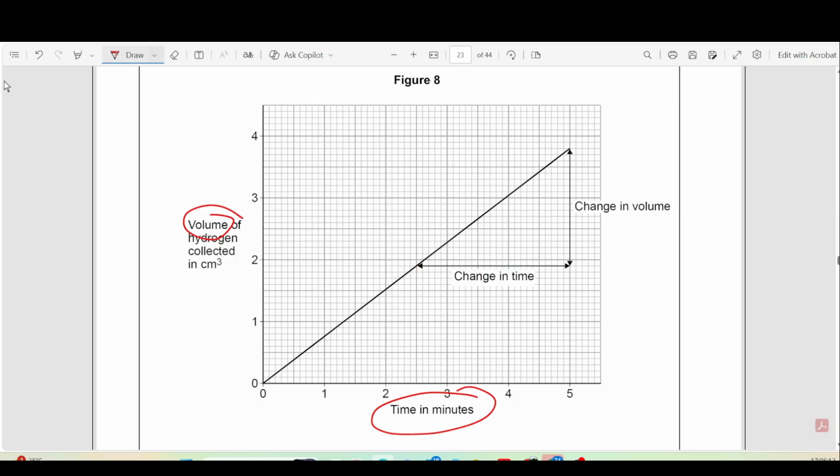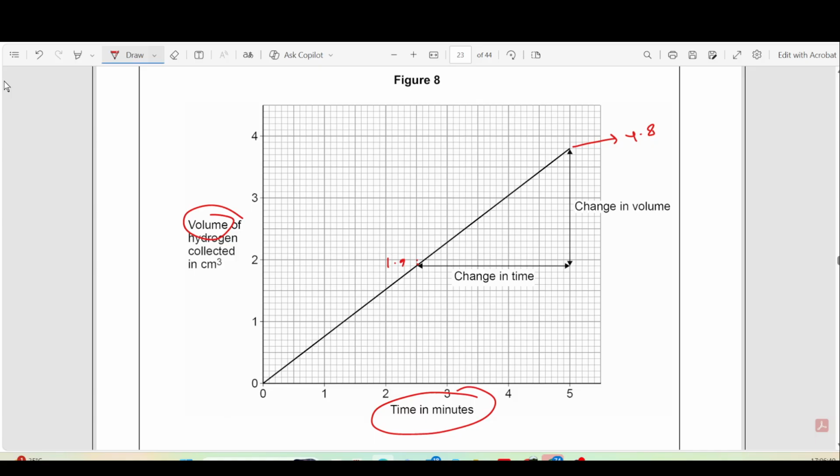So the change in volume: this point is 4.8, and this point is 1.9, just below 2.